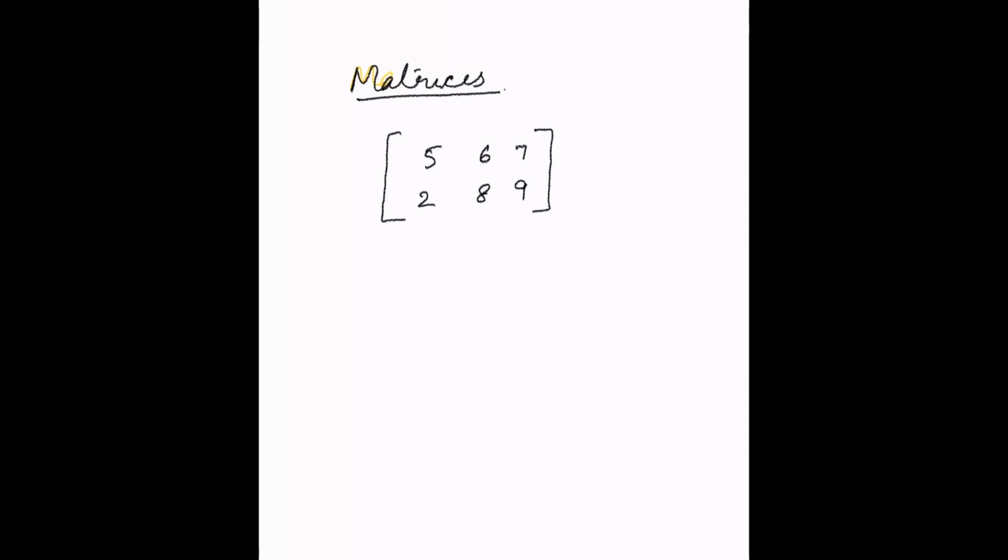So how many rows does this have? This has got 2 rows. And how many columns are there? 1, 2, 3. 3 columns are there. You need to remember how many rows and how many columns.